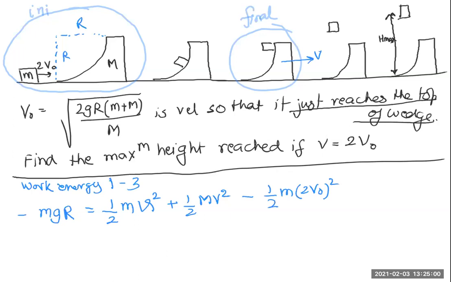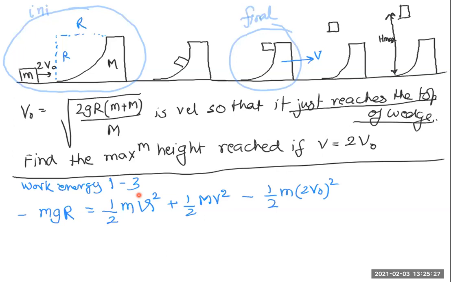Now, who can explain to me why I have written this differently? Why did I write this v differently? Because in the last question this v and this v were the same, but why is this v different now? Can you tell me? Because now the relative velocity will not be zero. Very good.